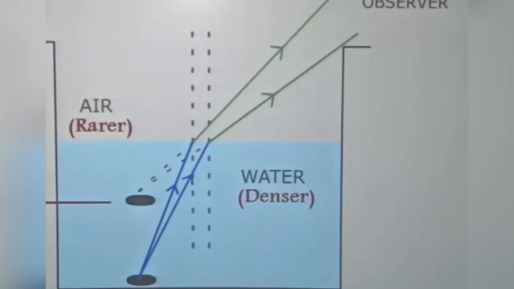You can see that this position is not the exact position of the coin, but it is somewhat raised. It is called the apparent position of the coin, and which is always above the actual position of the coin.